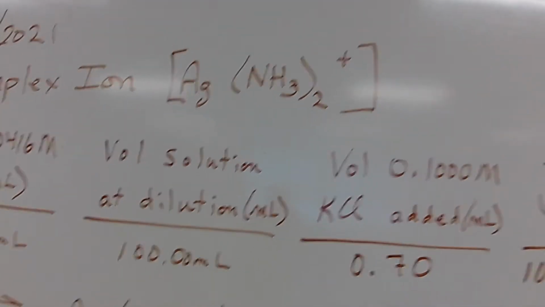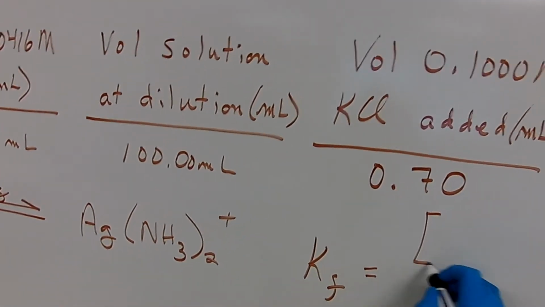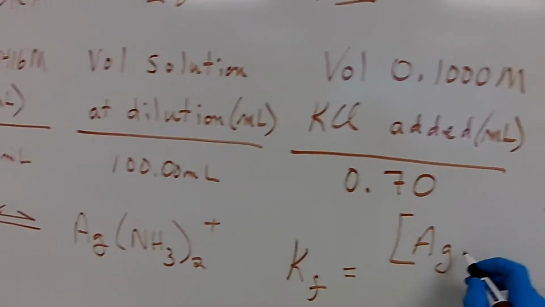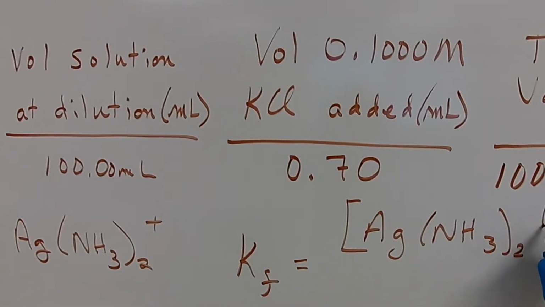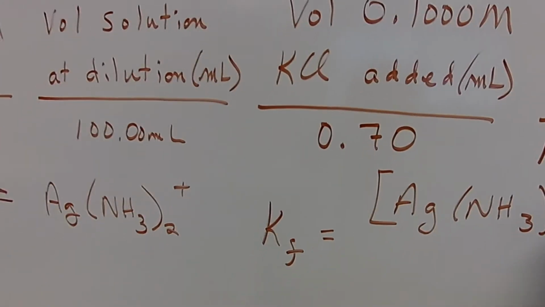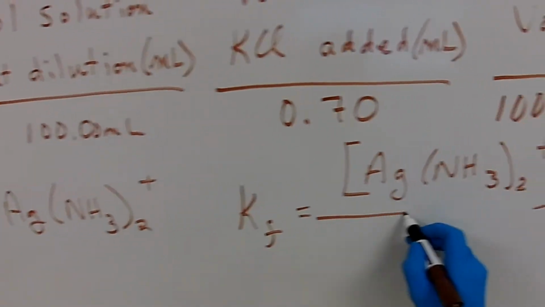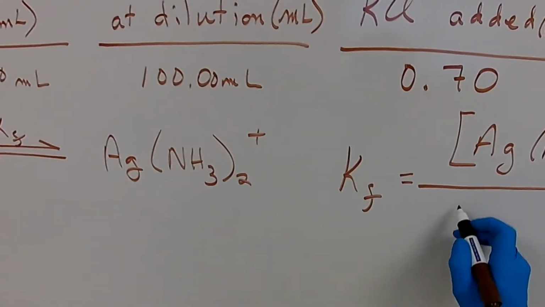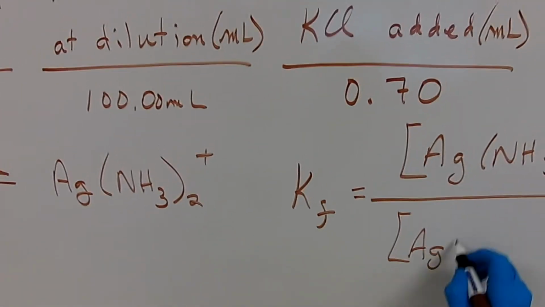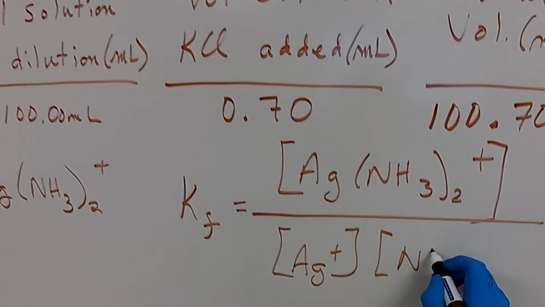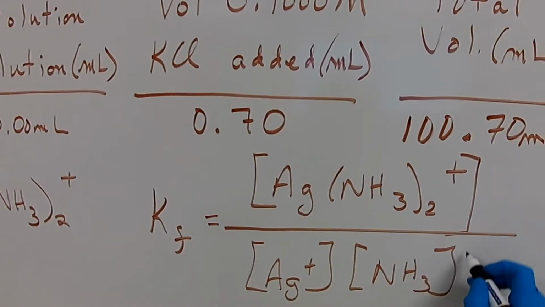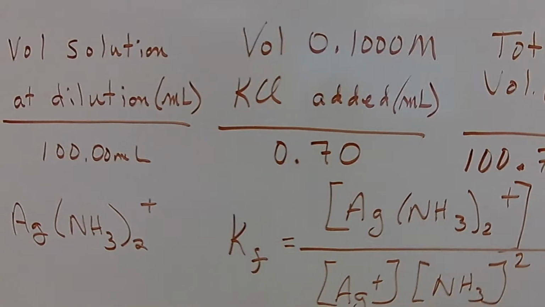Kf equals the equilibrium concentration of the complex ion, like that, divided by the silver ion concentration times the ammonia concentration squared. So that's what the Kf is.